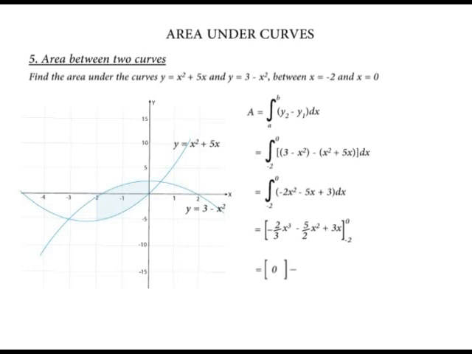Minus substituting the lower limit, we shall get minus 2 over 3 times minus 2 cubed minus 5 over 2 times minus 2 squared plus 3 times minus 2. That will give us 0 minus minus 10 and 2/3, which is equal to 10 and 2/3 square units.